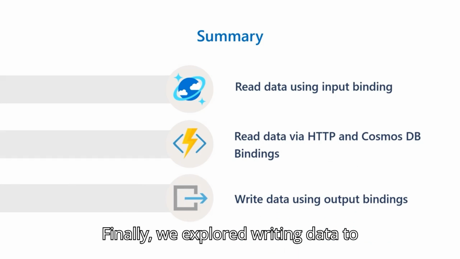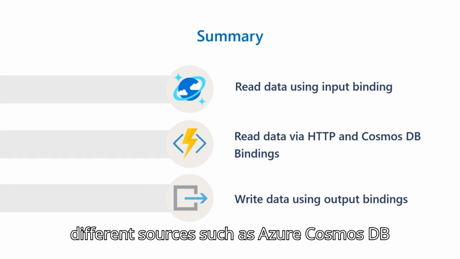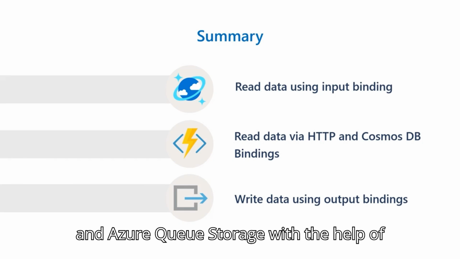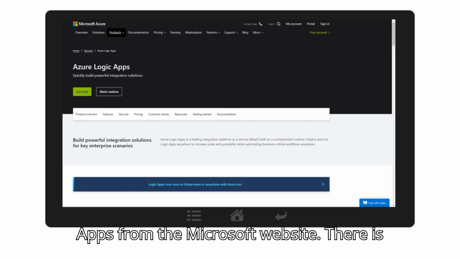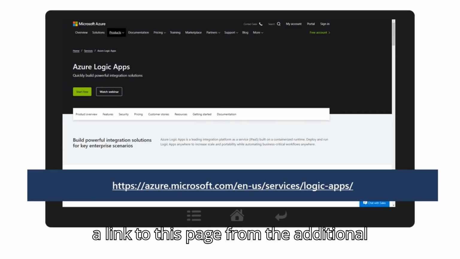Finally, we explored writing data to different sources, such as Azure Cosmos DB and Azure Queue Storage, with the help of output bindings. If you'd like to learn more about serverless integrations like these with visual workflows and little or no custom code, check out Azure Logic Apps from the Microsoft website. There is a link to this page from the additional readings at the end of this lesson.